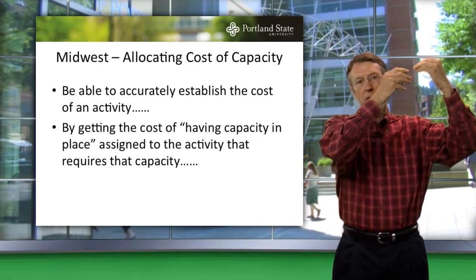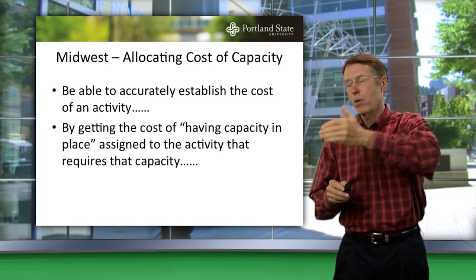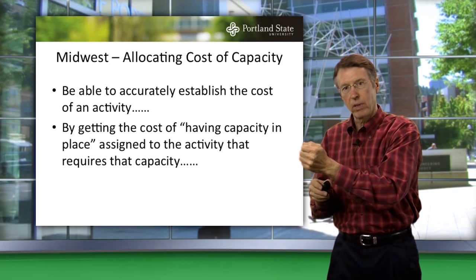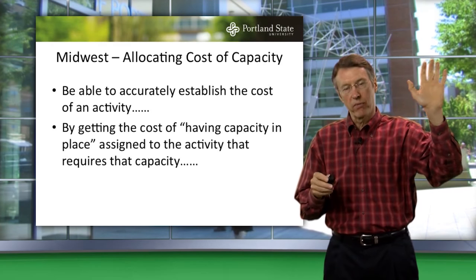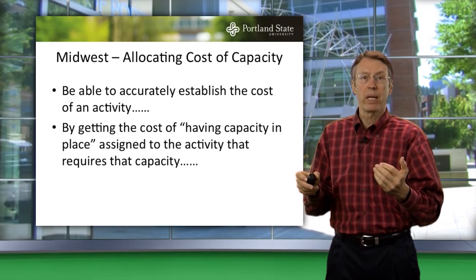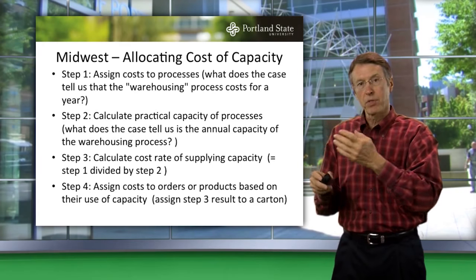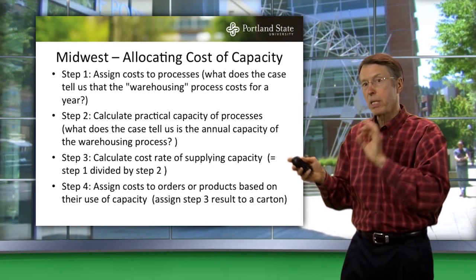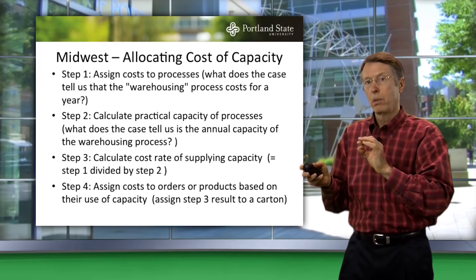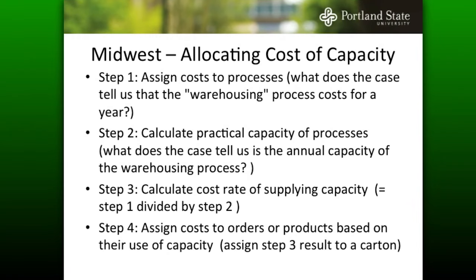By getting the cost of having that capacity in place assigned or allocated out to the activity that requires that investment in capacity, that's essentially time-based ABC. And we do that using the 4 steps of time-based ABC as proposed by Kaplan. So let's zoom in here so we can go through these 4 steps.